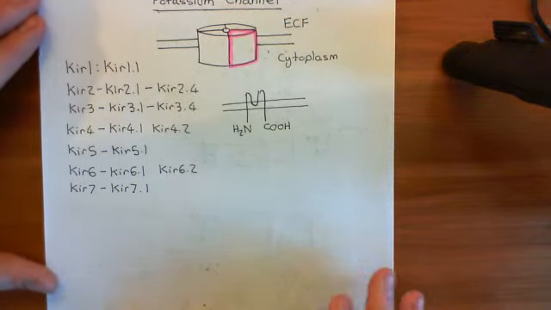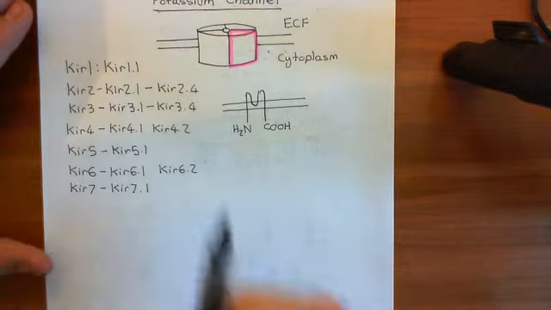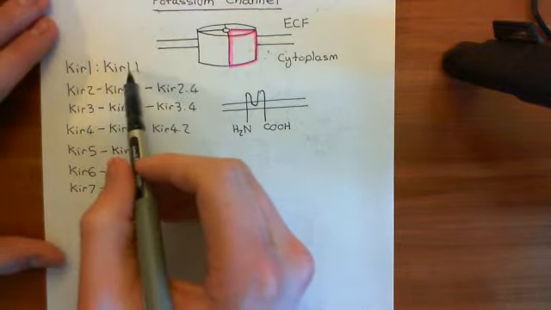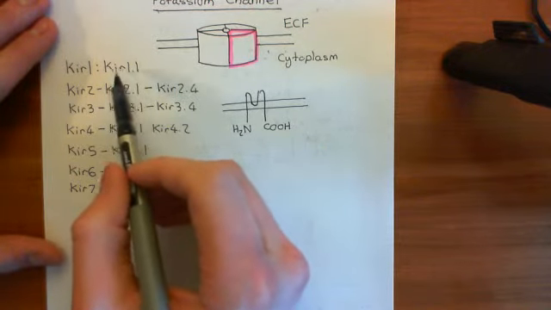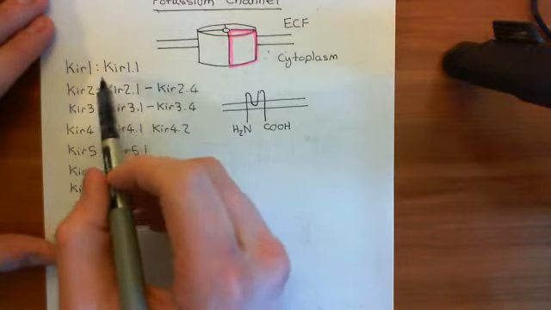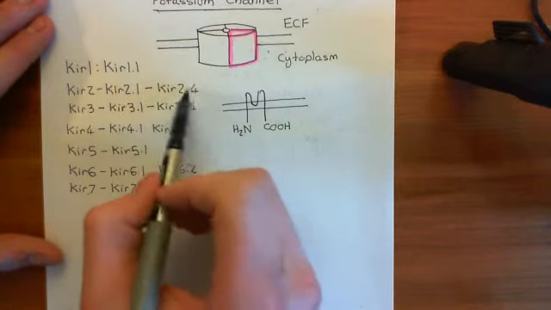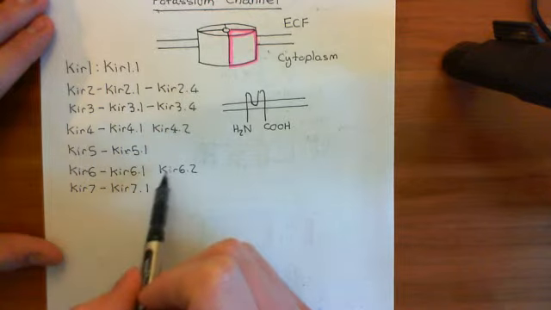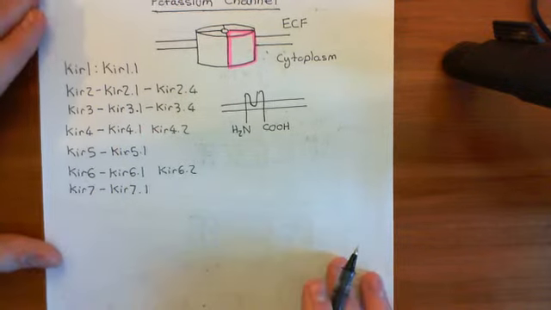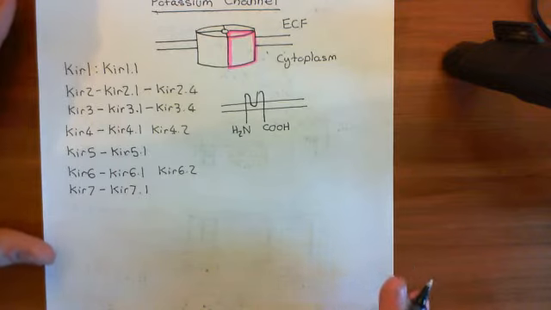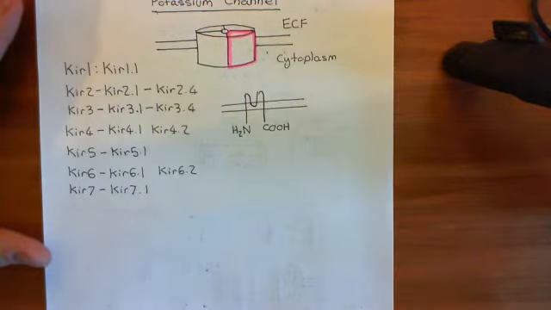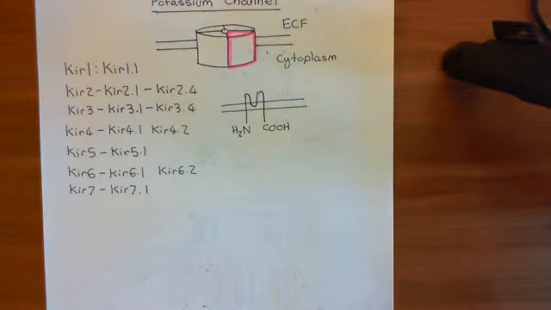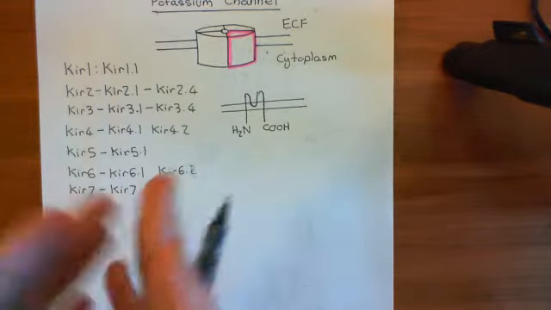So that gives us overall 15 different genes and 15 different subunits for inwardly rectifying potassium channels. Those are the subunits. The question then emerges, how do you join these subunits together to make tetramers?